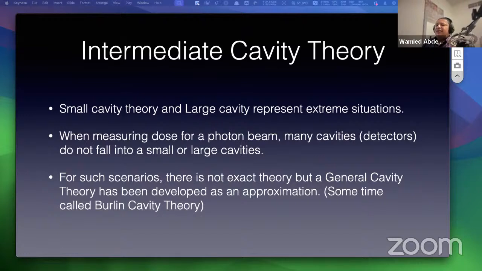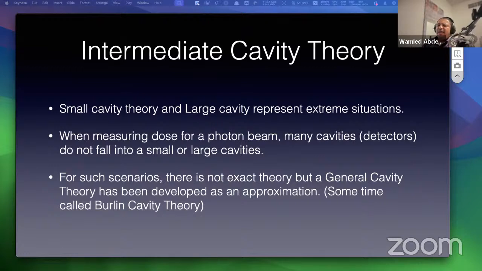Even in the small cavity theory, when we say that the presence of the cavity does not perturb the fluence, this is not true. Because the way electrons interact, their path in the cavity is different than their paths in the medium.